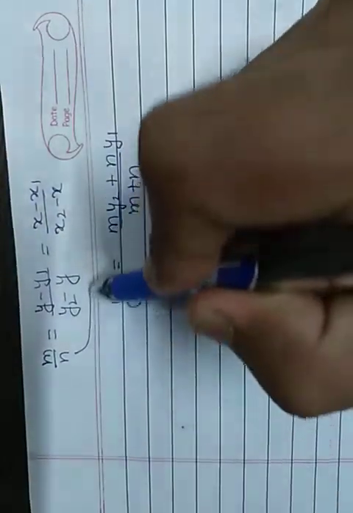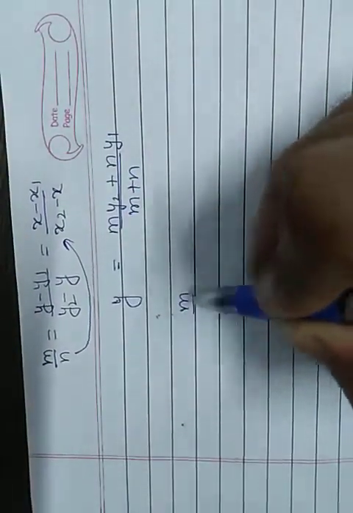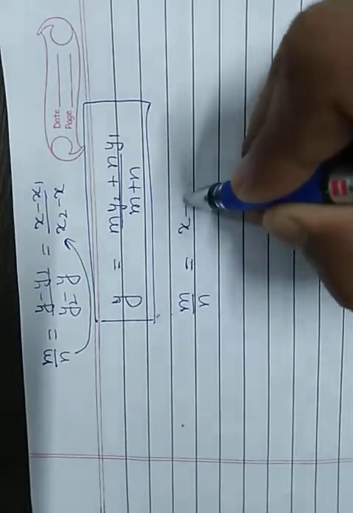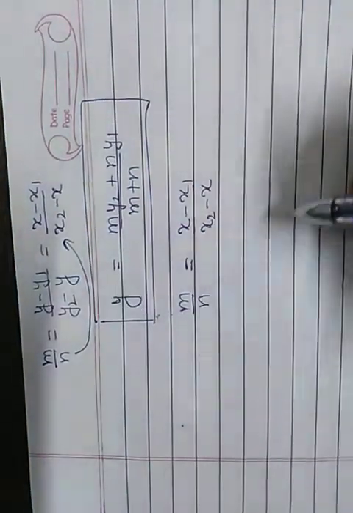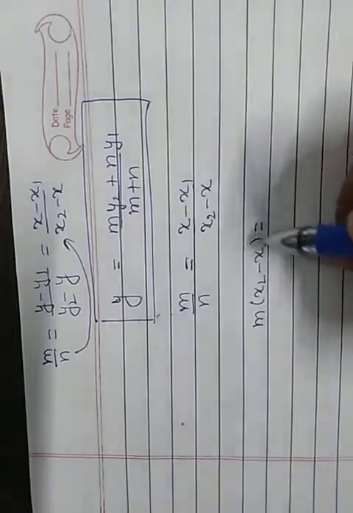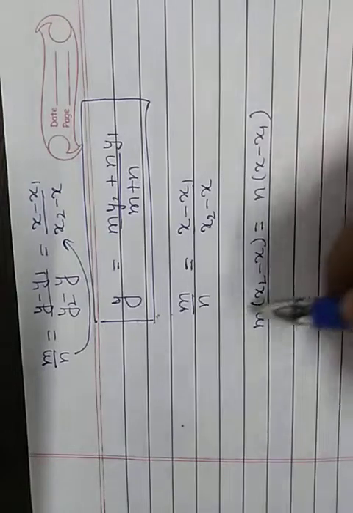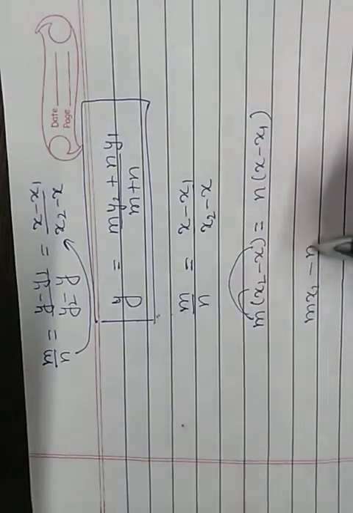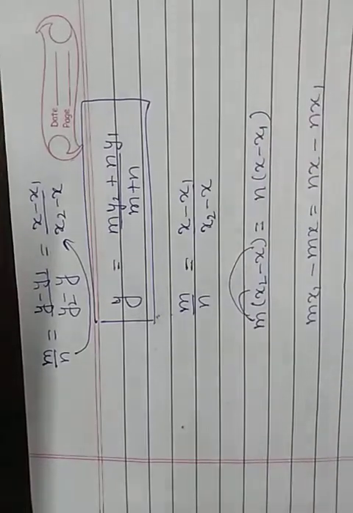Now I will solve these two equalities. So m upon n is equal to x minus x1 upon x2 minus x. Again by cross multiplication, m into x2 minus x is equal to n into x minus x1. Just multiply it. So we have mx2 minus mx equals nx minus nx1.